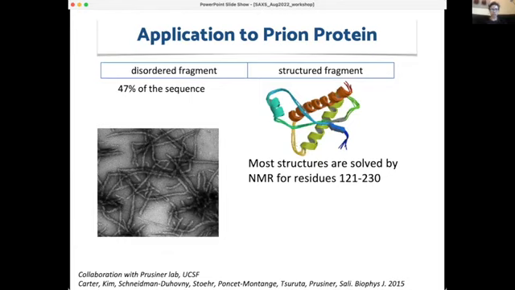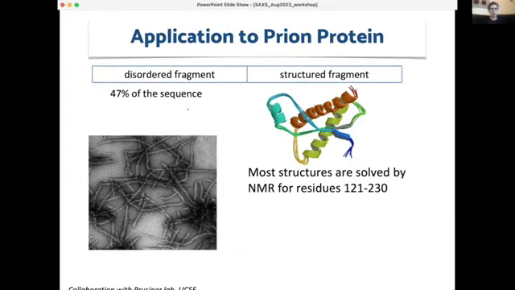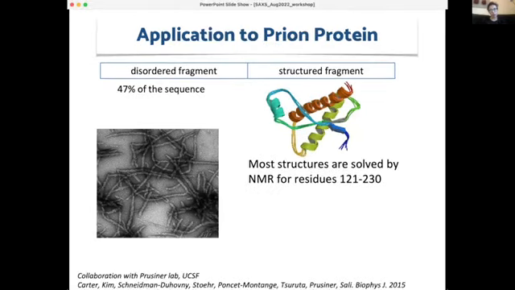Now, let's go to an extreme example. So this example is a prion protein, and this is 50% disordered. So we know that the monomer is basically disordered, and it then only has the structured fragment of 3 helices.